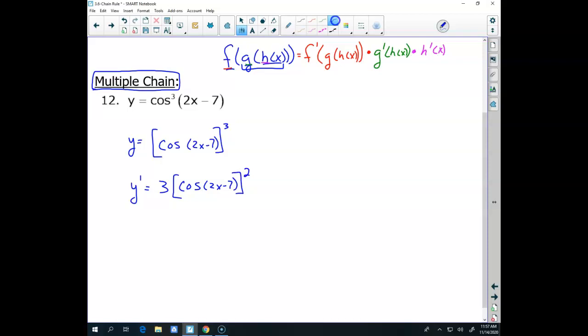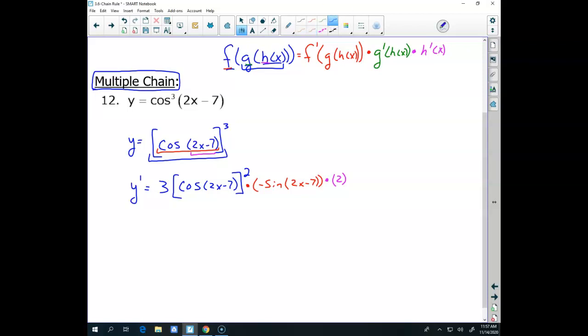Next, I'm going to take the derivative of the next function inside. The derivative of cosine is negative sine, and that leaves h of x in there yet. And then times the derivative of my innermost function, 2x minus 7, which is going to be times 2.